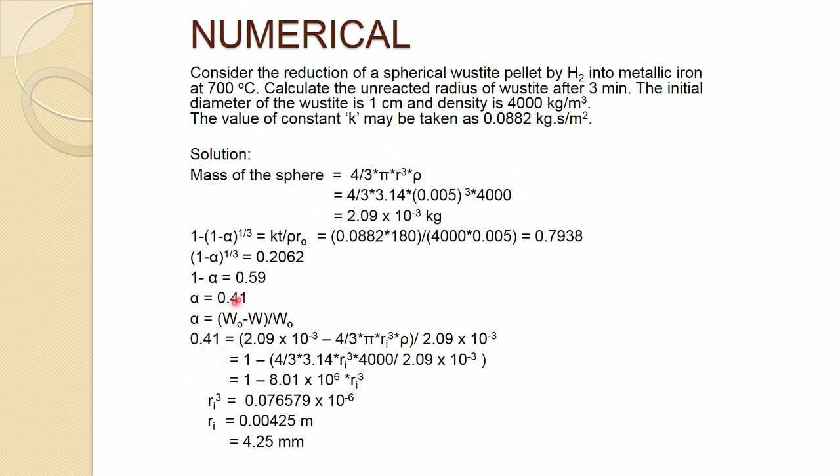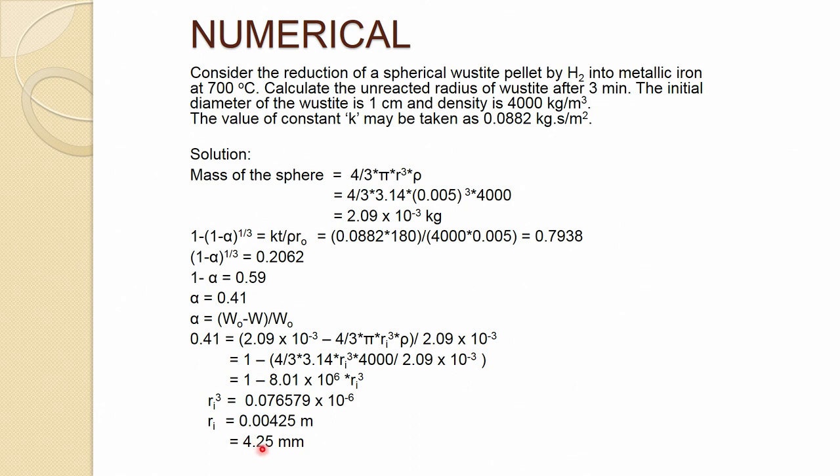Now, the fraction reacted we already calculated as 0.41. Everything is known, so r I cube would be this and r I would be this, which means about 4.25 millimeter.